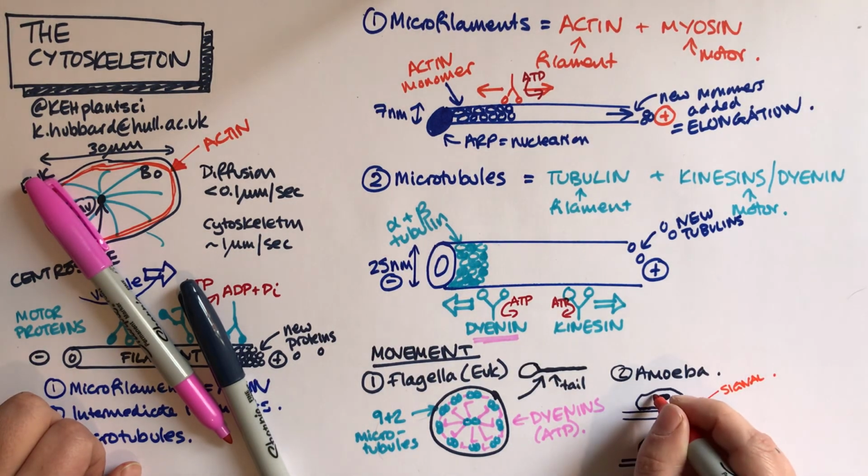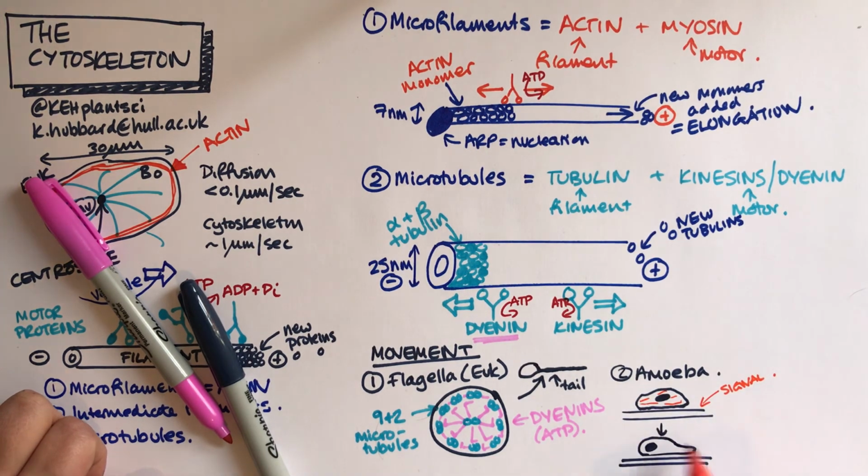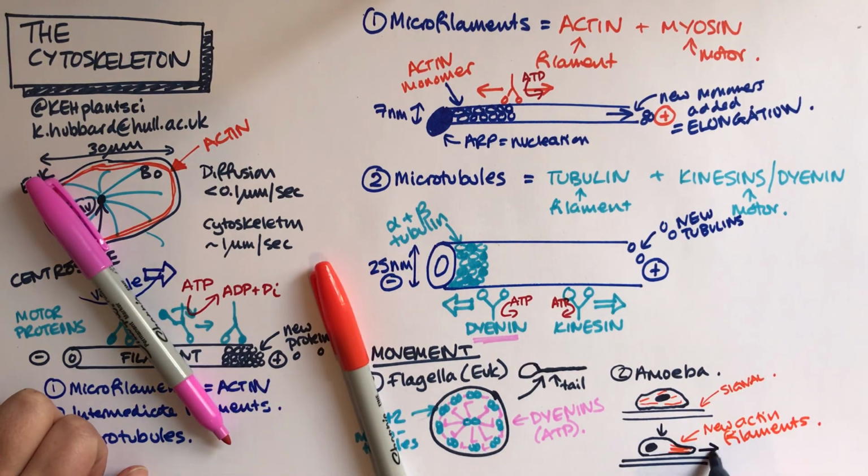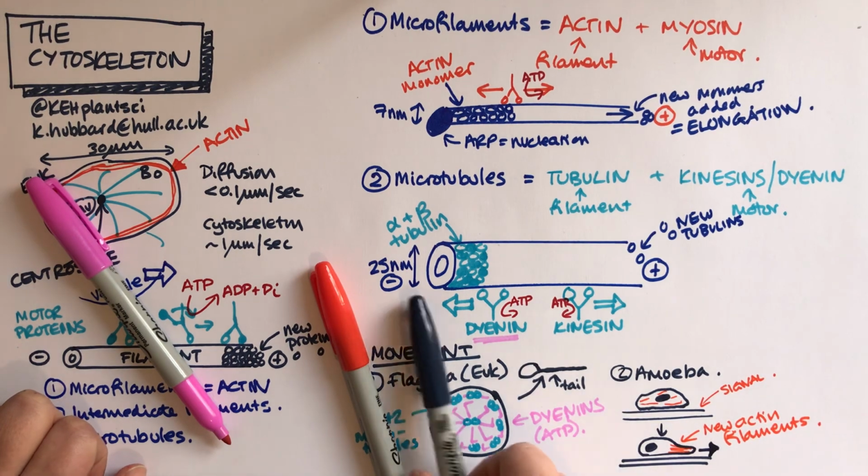We might have the actin relatively evenly distributed through the cell to start with, but in response to this signal, a whole new load of actin filaments form. That's going to push the whole cell to move in that direction. So we've extended the cell on one side because we've had actin polymerization in response to a signal. That's then causing the cell to move in one direction.